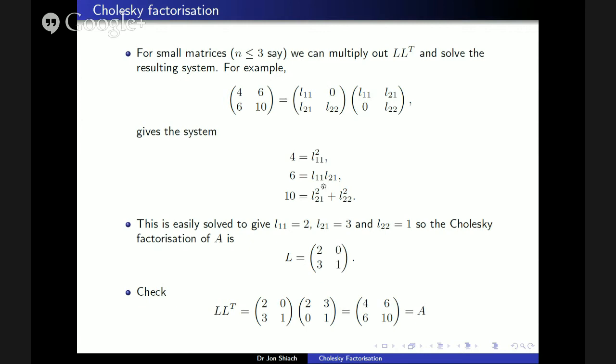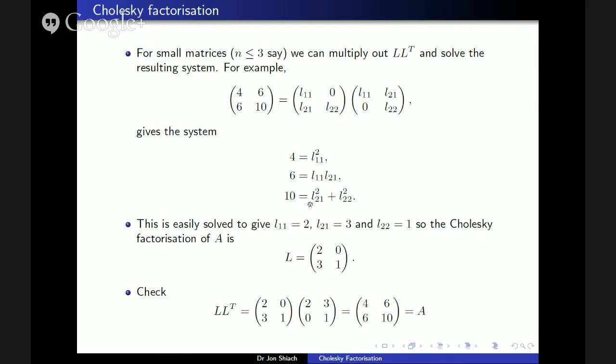It's not a linear system because we have some unknowns which are squared, but it's quite a simple system to solve. L11 is clearly 2. So if L11 is 2, then L21 should be 3 because 2 times 3 is 6. Okay, L21 is 3, so therefore that's 9.